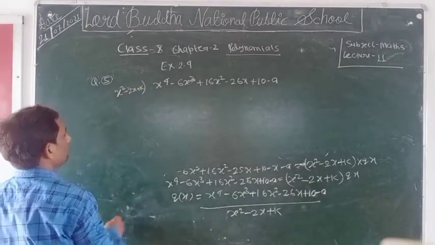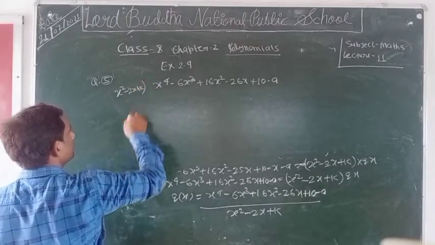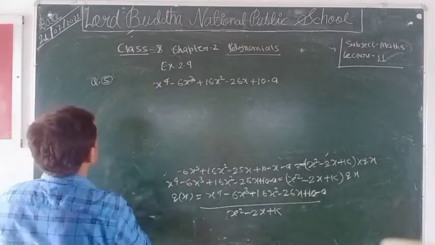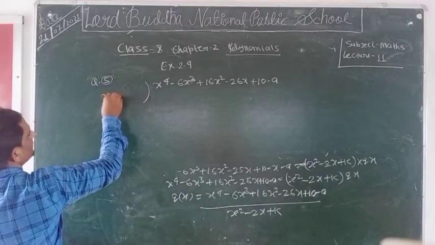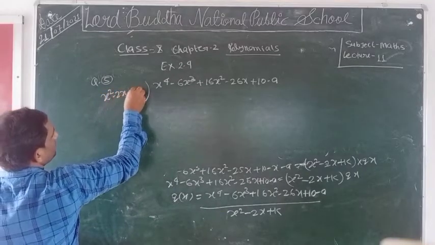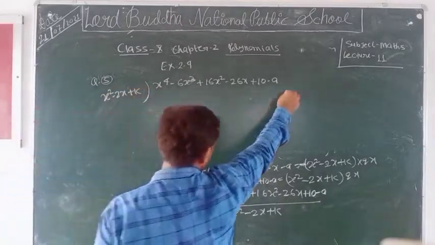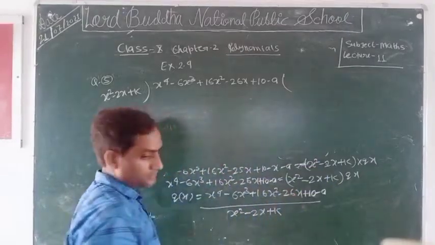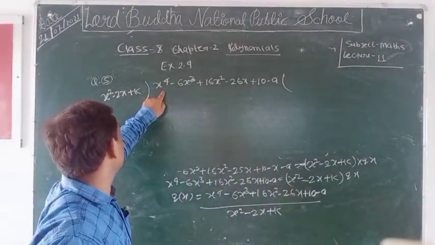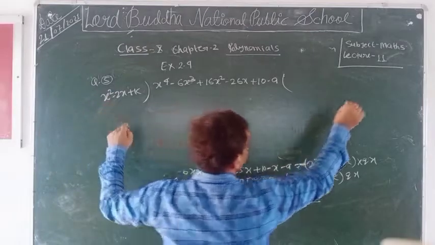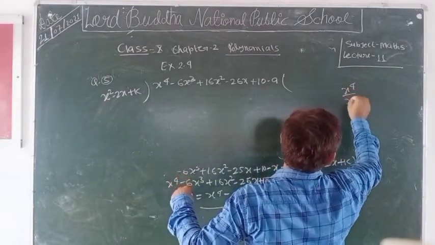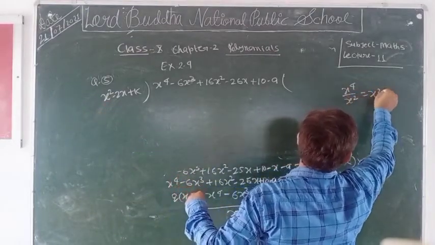Okay, now see that we can write it in long division, x square minus 2x plus k. Here this is x power 4 and this is x square, so x power 4 divided by x square we get x square.